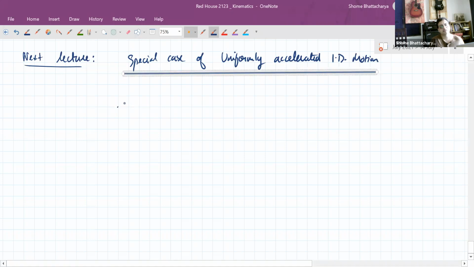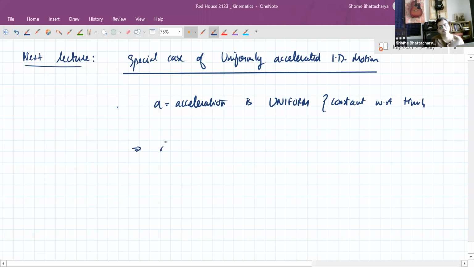So if our acceleration a is uniform, which basically means it's constant with respect to time, what that means is that dv by dt, which is a, is constant.